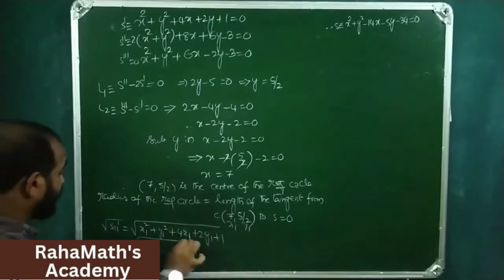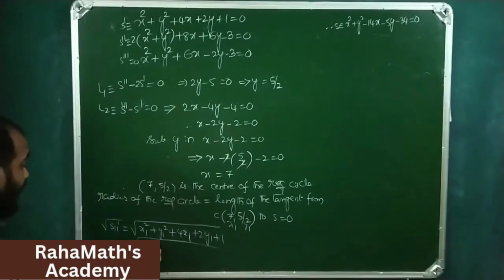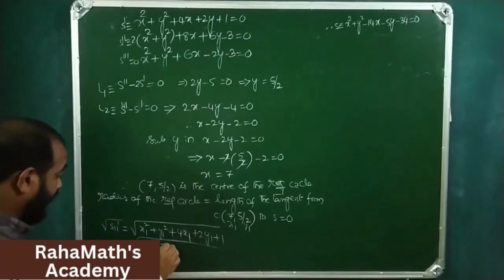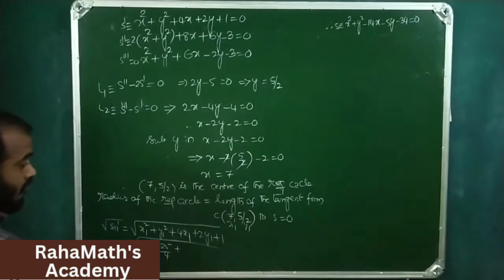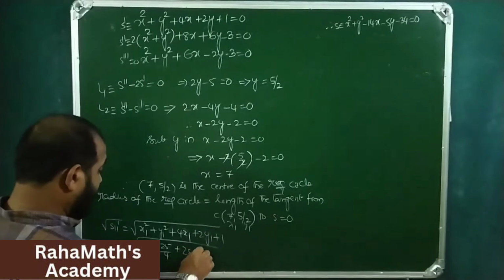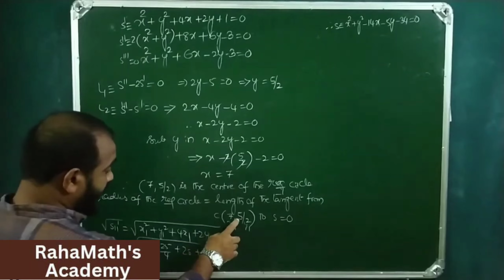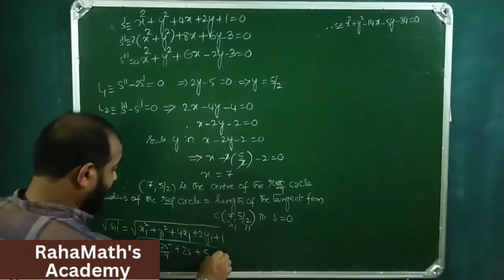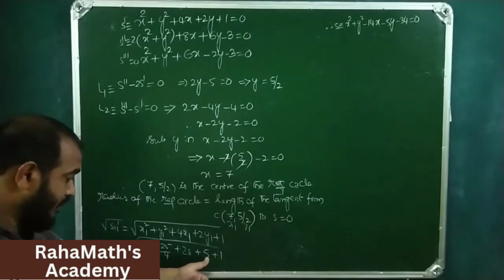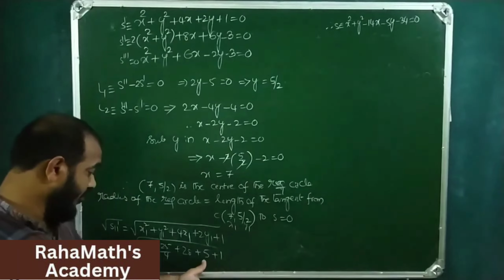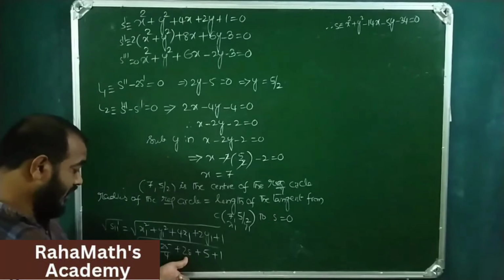This is equals to 7 square 49, 25 by 4, 4 sevens are 28 plus 2 into 5 by 2, 2 gets cancelled, 5 plus 1. 49 plus 1, 50, 55, 55 plus 28, 83.